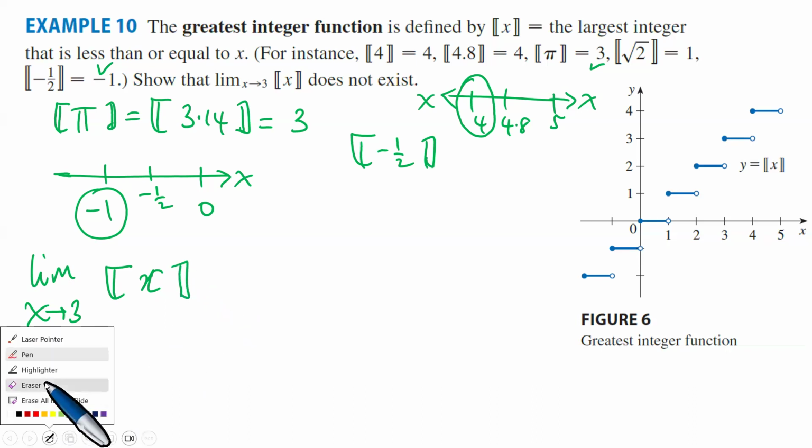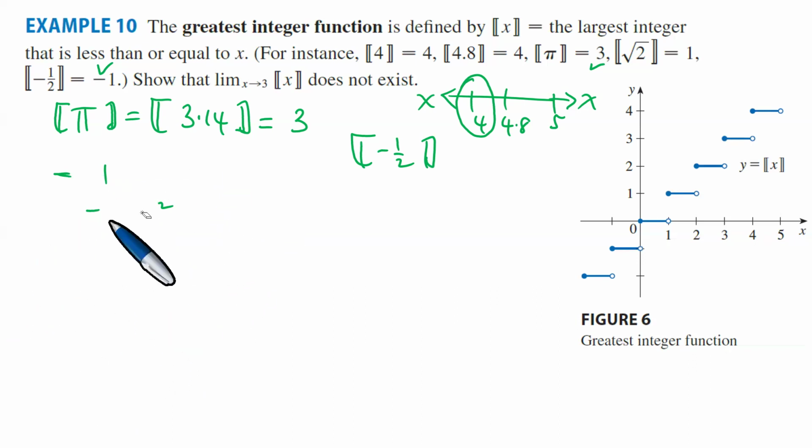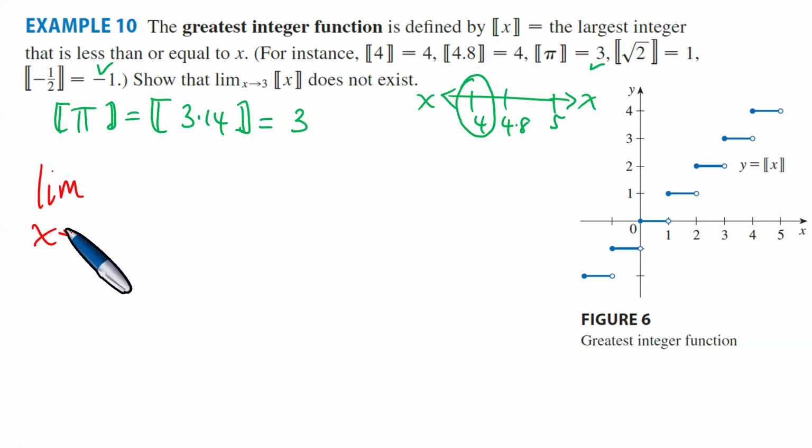Let me do it in red. Now I want us to try this one here. If you have, for example, the limit as x approaches 3 of this, what is this limit here?